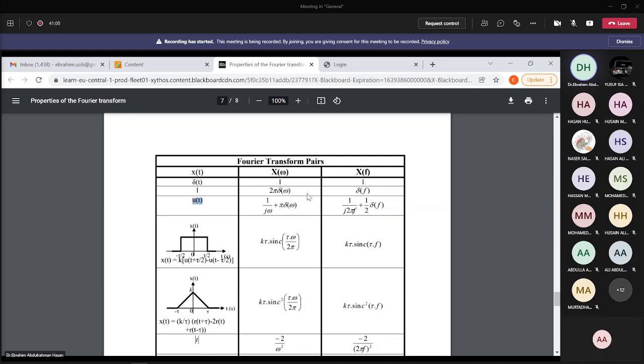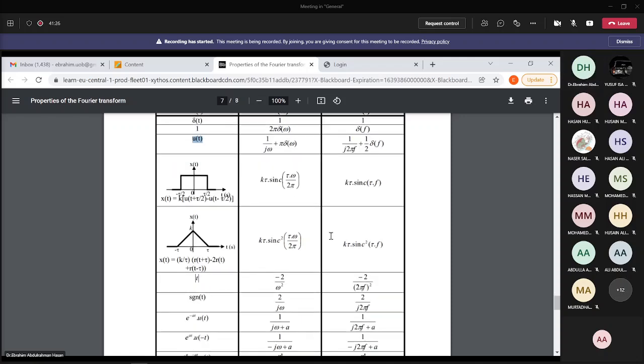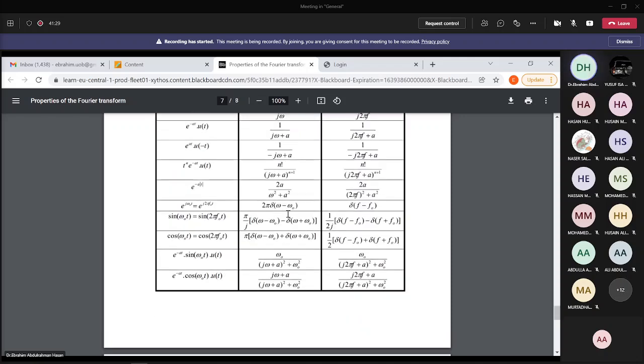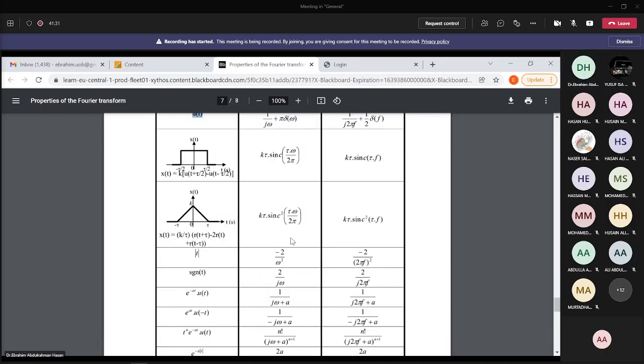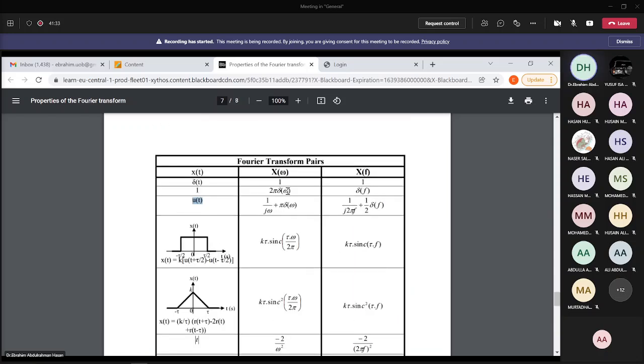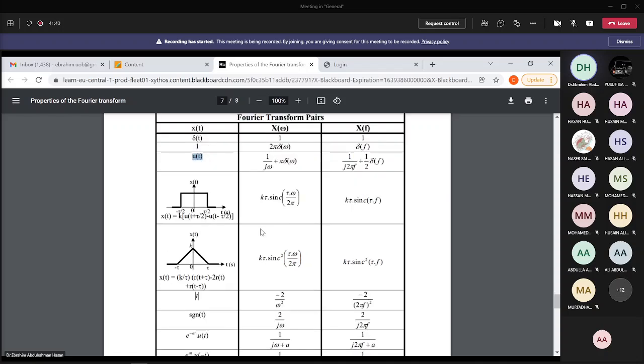If we have X of omega equal to u of omega, if you look here, we don't have u of omega in the table. We have u of t, but we don't have u of omega. How do we find the time domain for it?